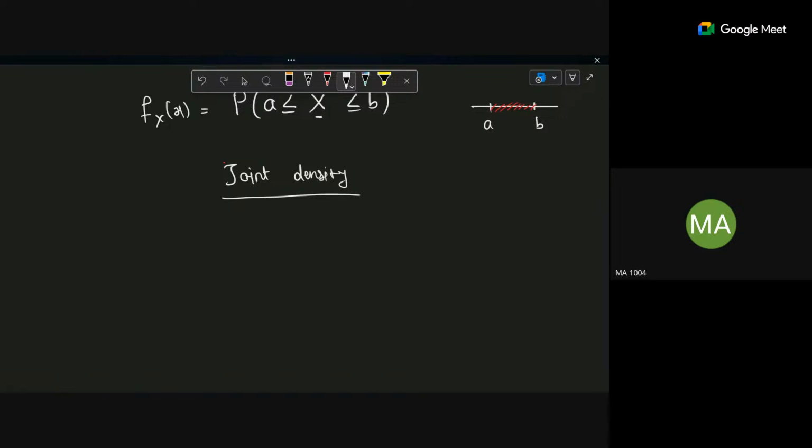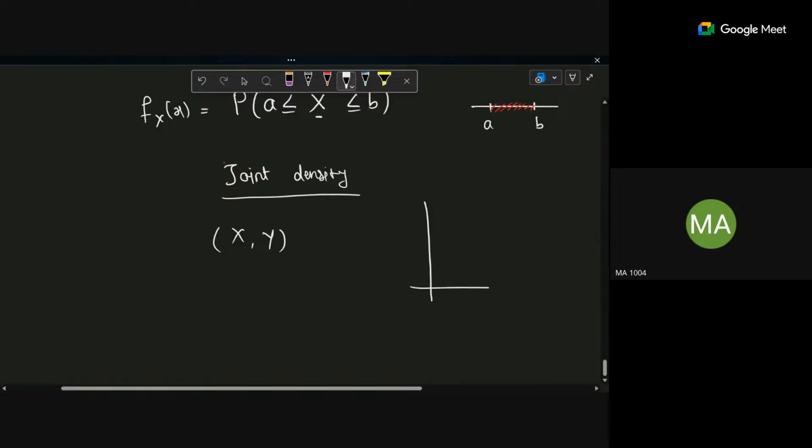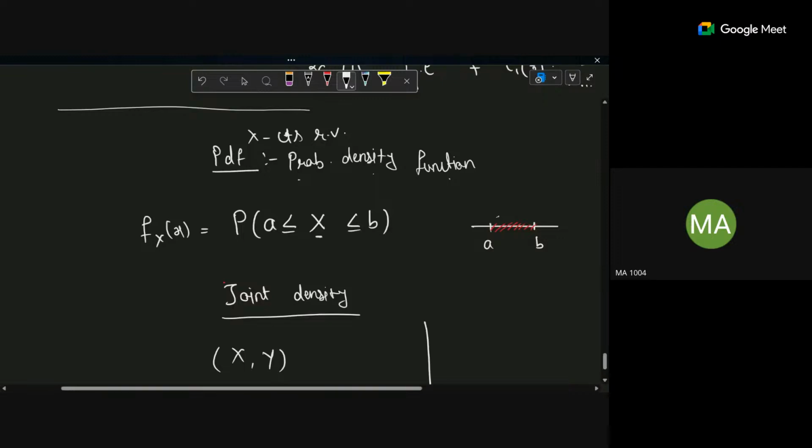Let's say your X is a continuous random variable. Now Y is also continuous. When X was a single random variable, there was only one interval, the probability that the random variable takes values in this interval.